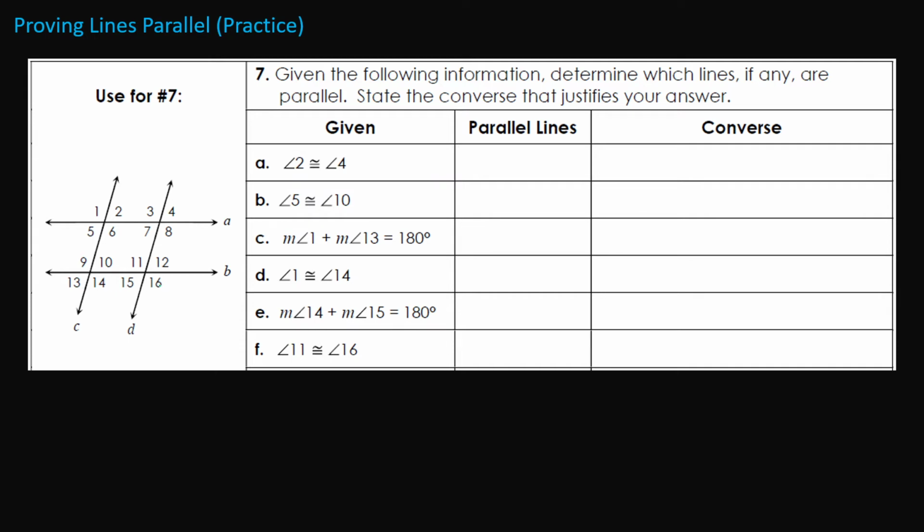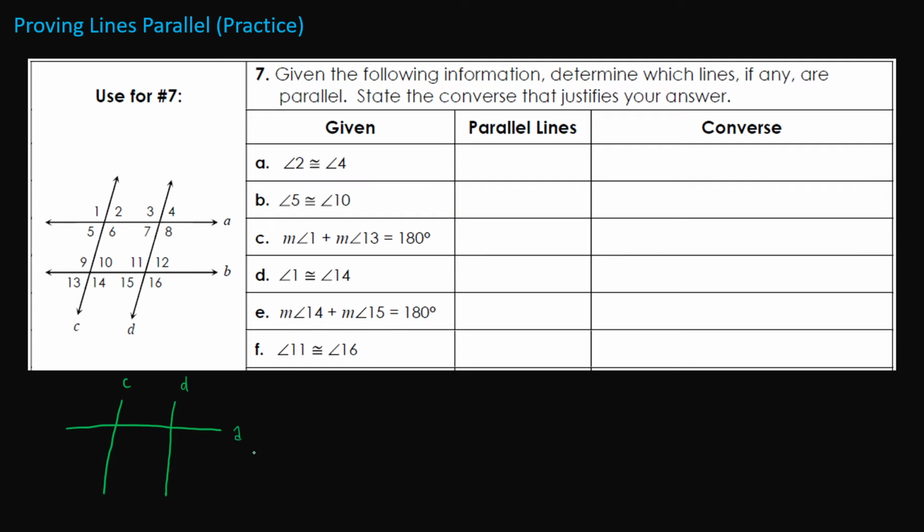I don't need angles 9 through 16 in my way right now. So just a helpful tip, redrawing your diagram, and it doesn't have to be perfect. You just need to know the orientation of the angles you're focusing on. So I have, this is lines C and D.